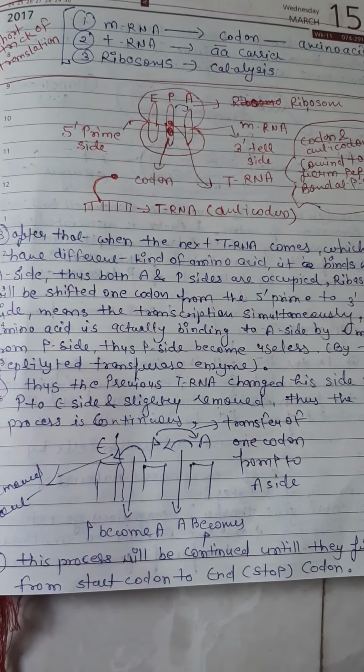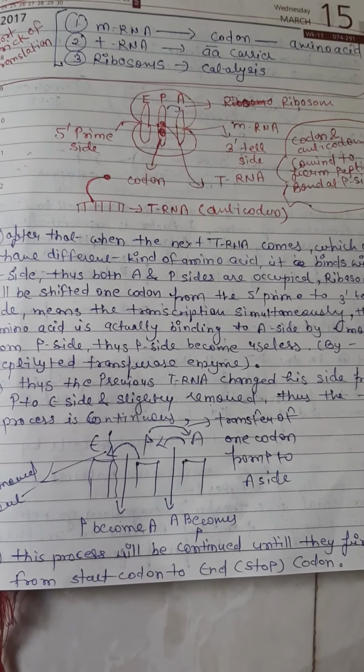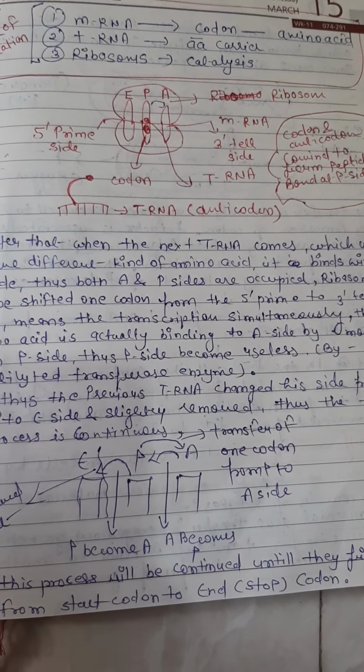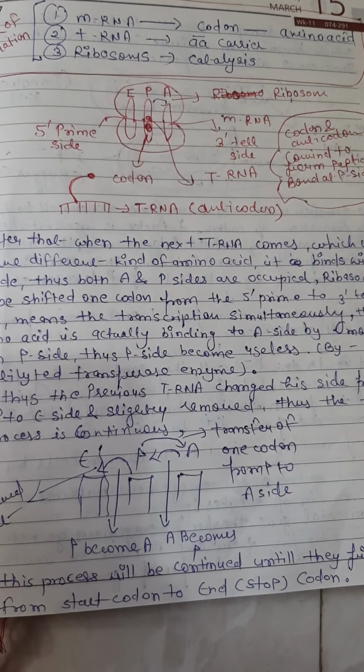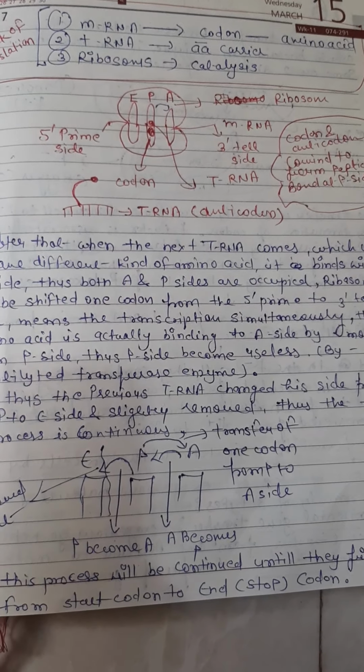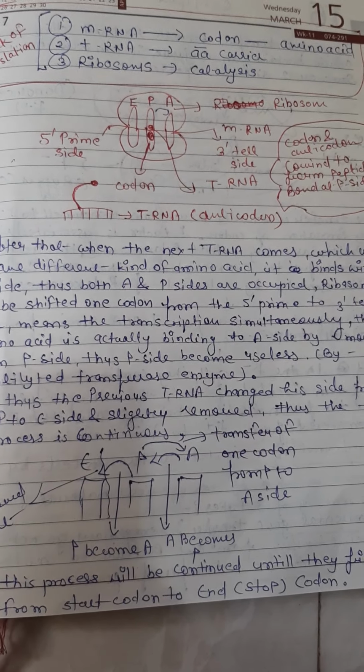This process is repeated again and again. Whenever a new tRNA comes, it binds to the A site, and the transfer is done from the P site to the A site for binding the tRNA anticodon with the mRNA.